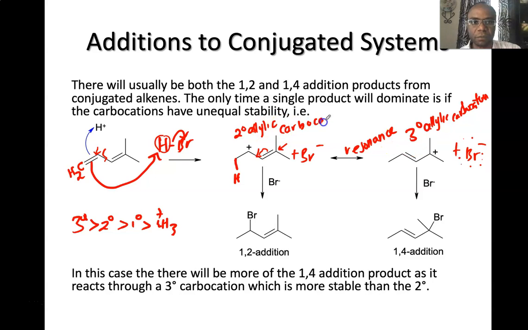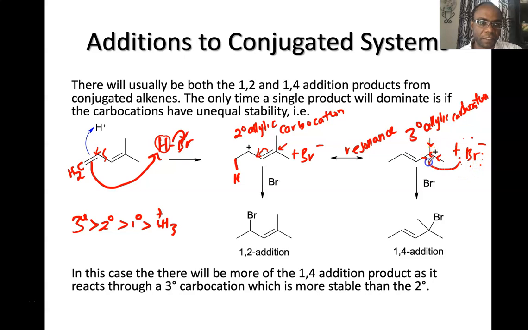Of course, based on the ranking, the tertiary should win, because that C plus is stabilized by inductive effect and also resonance, of course, which is also here. Let's say that there are just 3 groups. It's tertiary, so there are 3 groups donating electrons towards the C plus, making it even more stable.